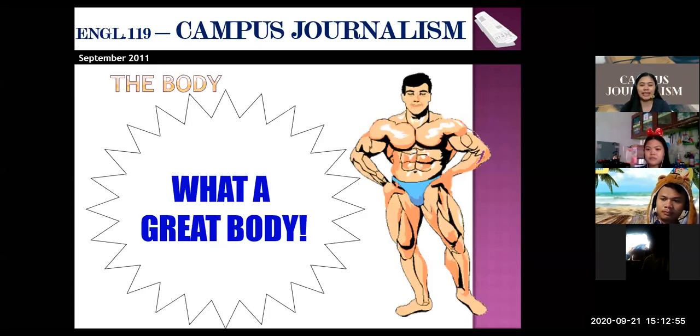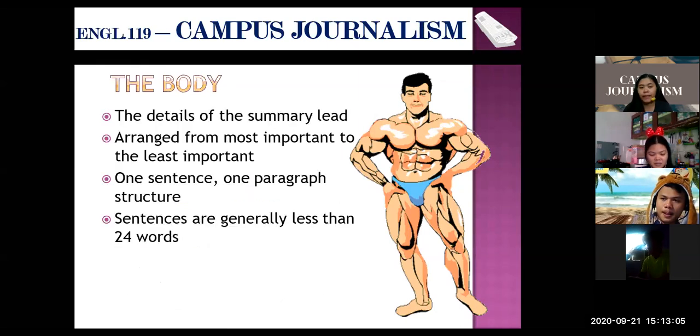Let's go to the body. Same as the lead, your body should also have great importance in your article. The body contains the details of the summary lead, arranged from most important to least important information.